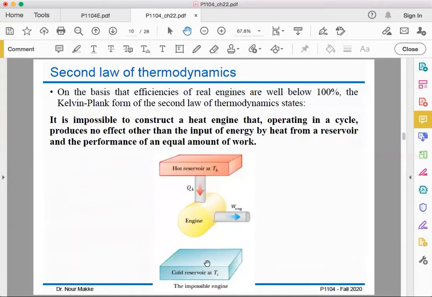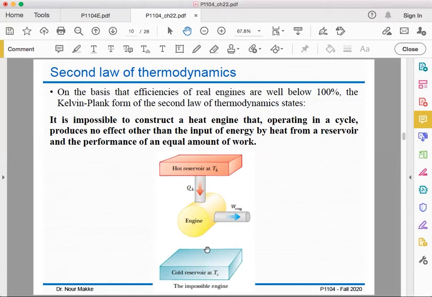And so here comes the second law of thermodynamics. On the basis that the efficiencies of real engines are all the time below 100%, the second law of thermodynamics, as stated by Kelvin and Planck, is given by the following statement. It's impossible to construct a heat engine that, operating in a given cycle, produces no effect other than the input of energy by heat from a reservoir and the performance of an equal amount of work.